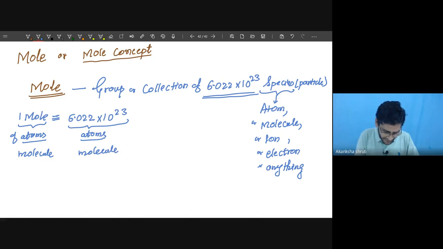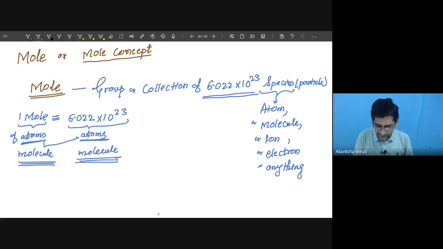So the same kind of quantity we need to consider on both sides. If we want to calculate the moles of atoms, on the right hand side we shall consider 6.022 into 10 to the power 23 atoms. If we want to calculate the moles of molecules, I shall consider this much molecules.